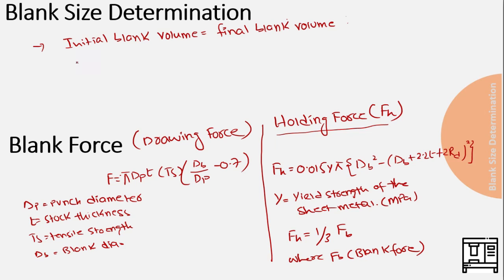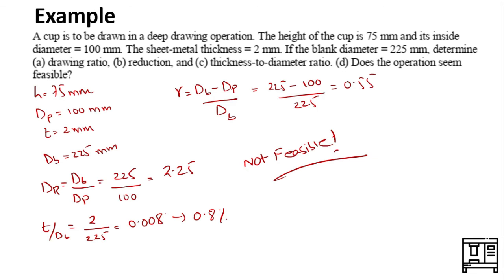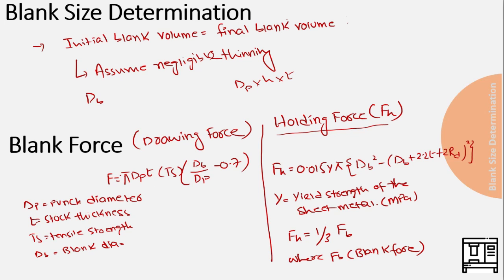While performing this, we will assume negligible thinning of the parts. So if you are given the final diameter of the cup, the height of the cup, and its thickness, you can simply find out the initial size that is required, that is to be fed in the drawing operation.